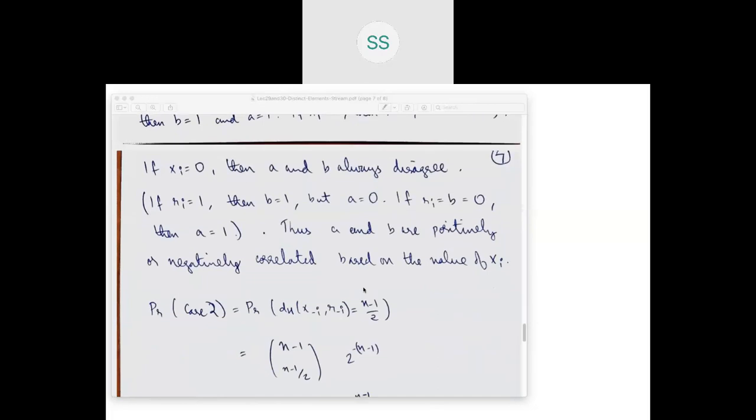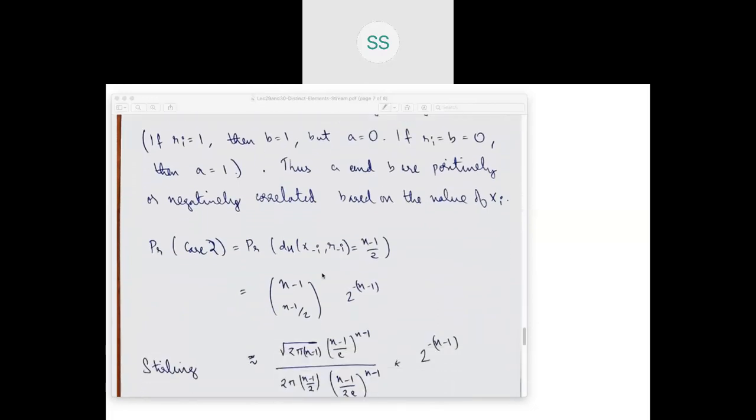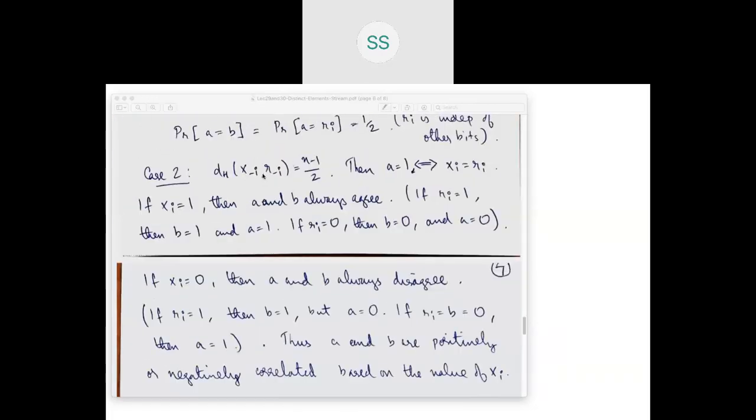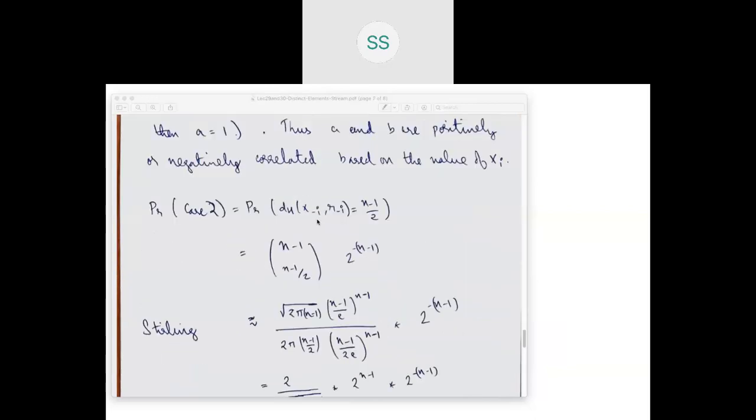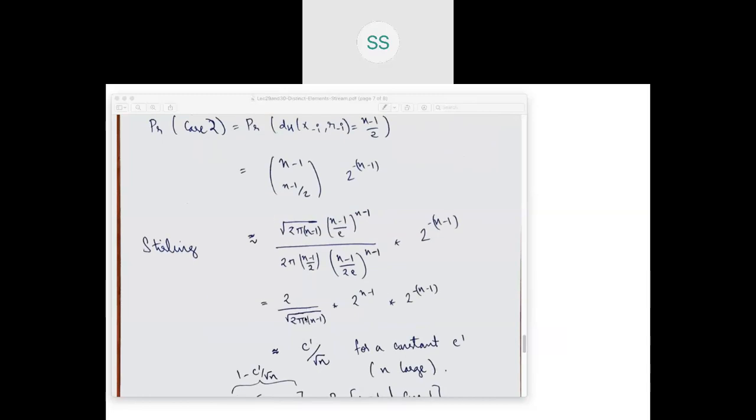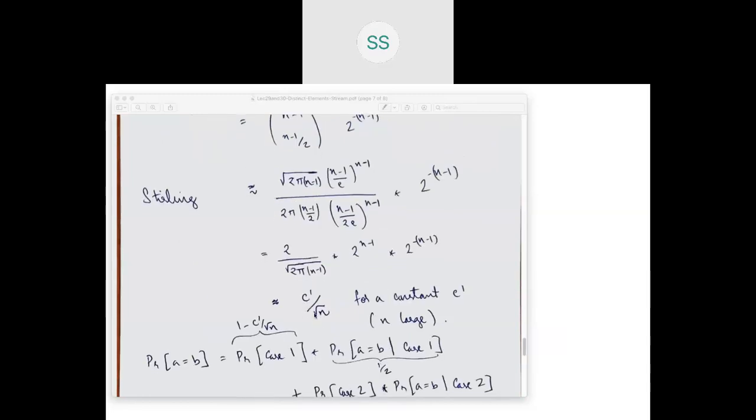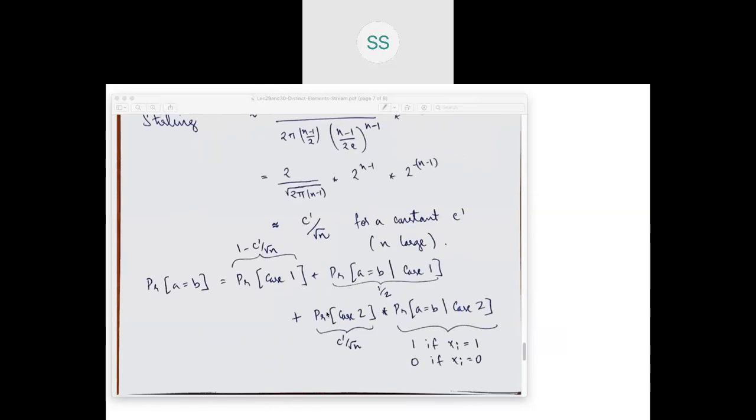And the probability that we end up in case 2 depends on what r minus i is, and exactly half of r minus i needs to agree with x minus i, and that can happen in n minus 1 choose n minus 1 by 2 times 2 power minus n minus 1 ways, and that by Stirling gives us c dash divided by square root n. That's the probability for some constant.